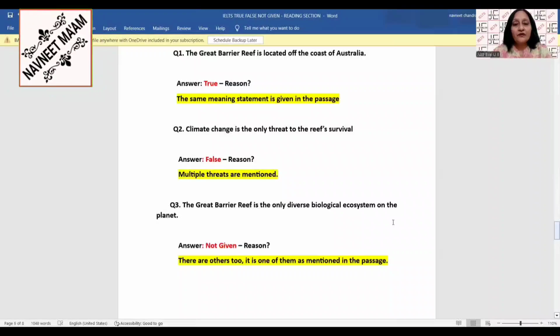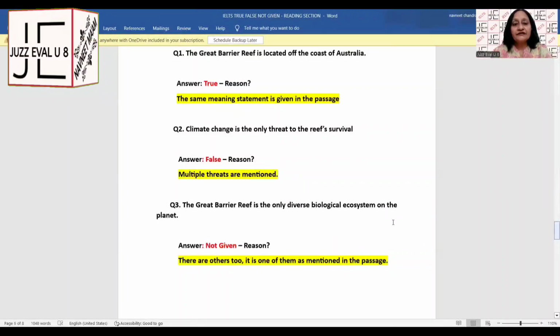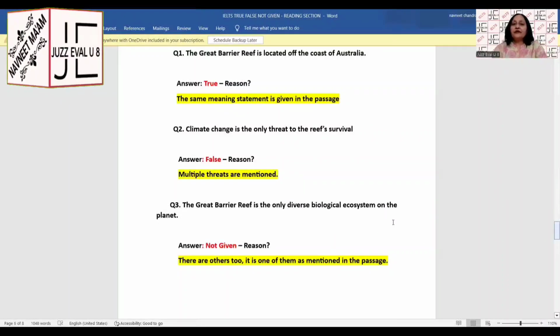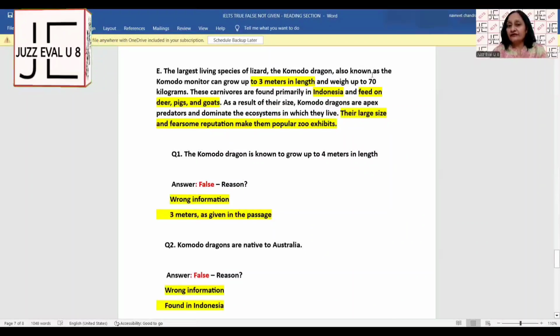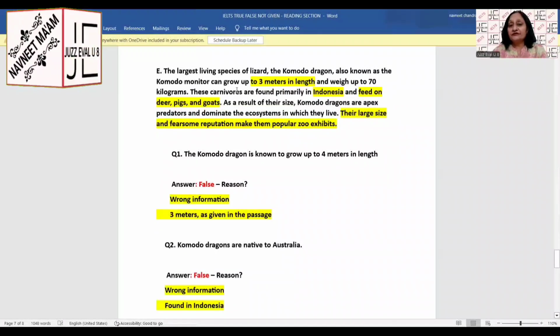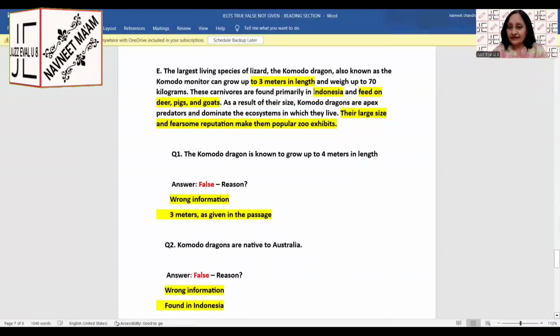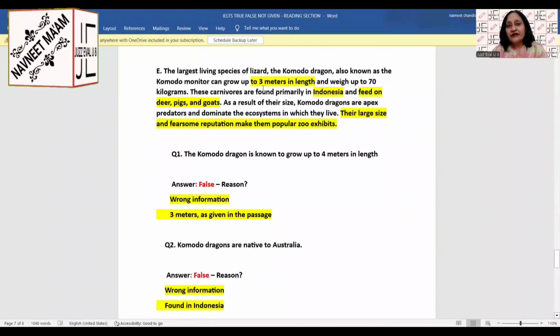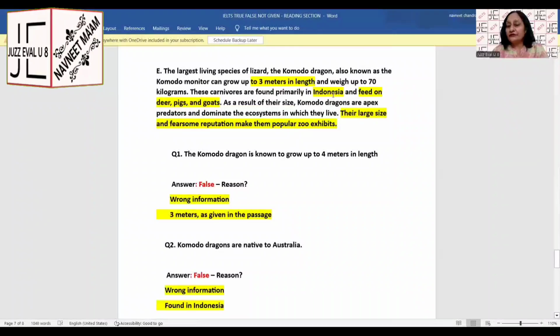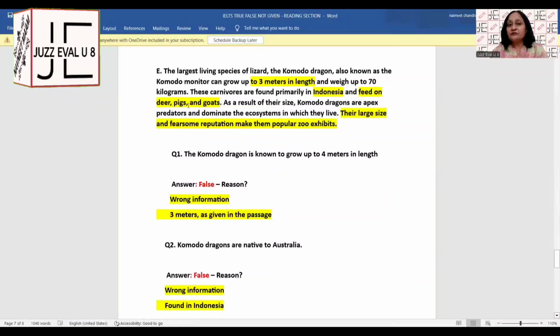Now, let's go to the last and the final one. The largest living species of lizard, the Komodo dragon, also known as the Komodo monitor, can grow up to 3 meters in length and weigh up to 70 kilograms. These carnivores are found primarily in Indonesia and feed on deers, pigs, and goats.